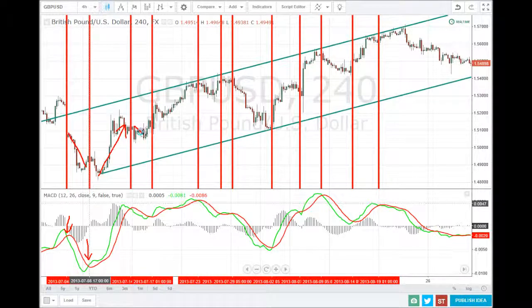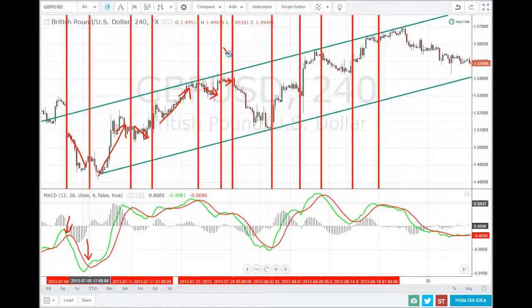We have another cross. MACD cross, price should move on the upside, and it does. We have another cross here, price comes down. We have another cross here. This signals that price should move on the upside, but it doesn't really do much, it just moves sideways.